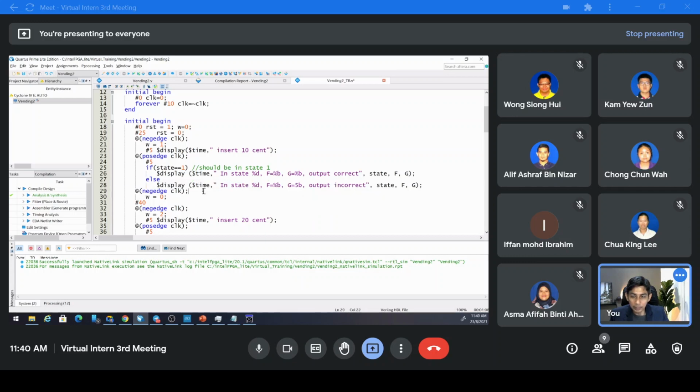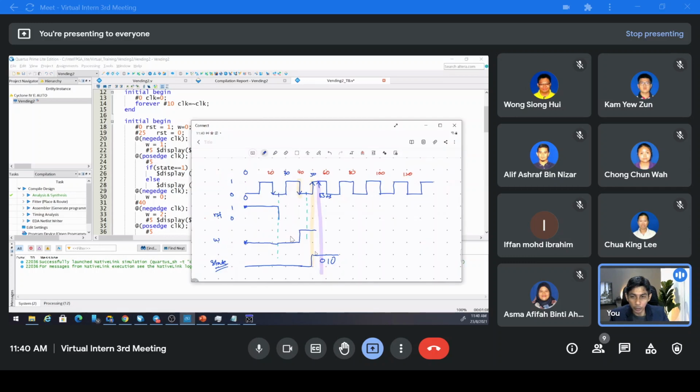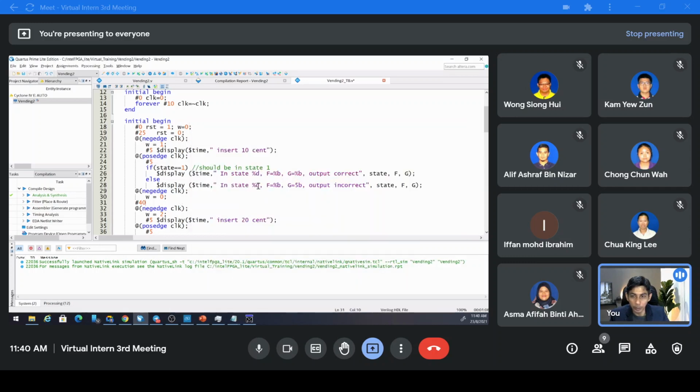It will show the time, of course. The state will refer to this signal, which is 010, so it will display 010. What is the output? At this time, this should be %b, not 5B, right? %b.